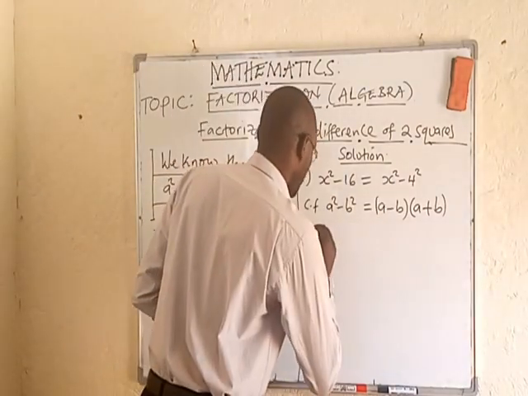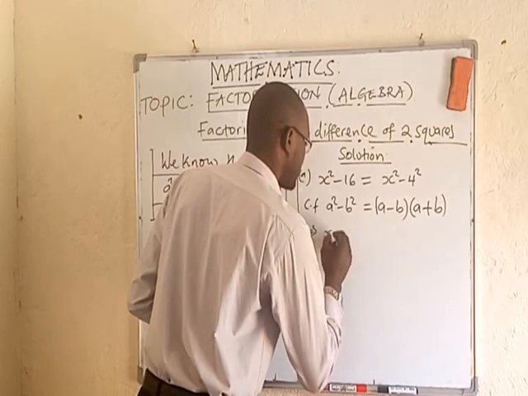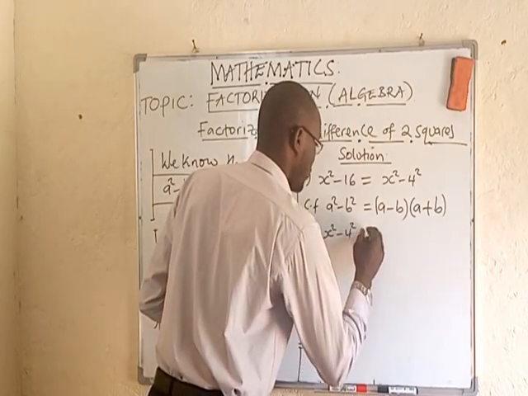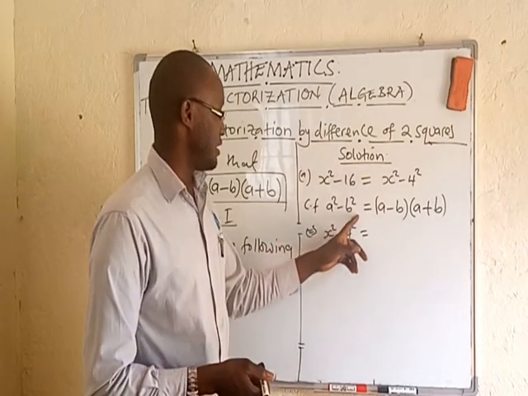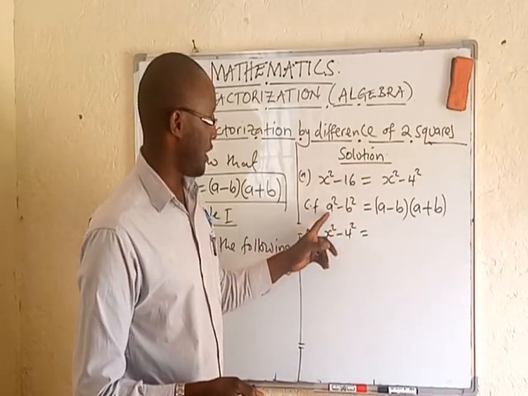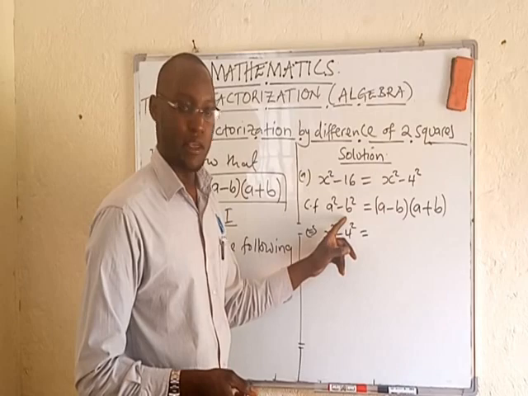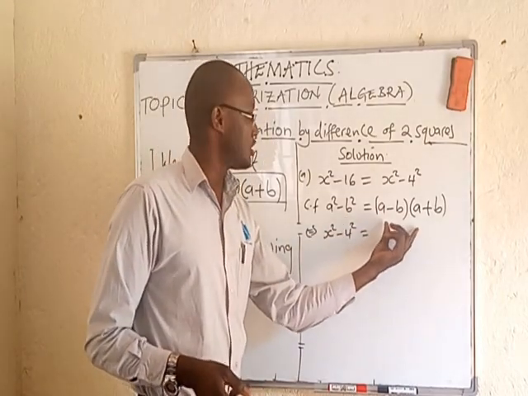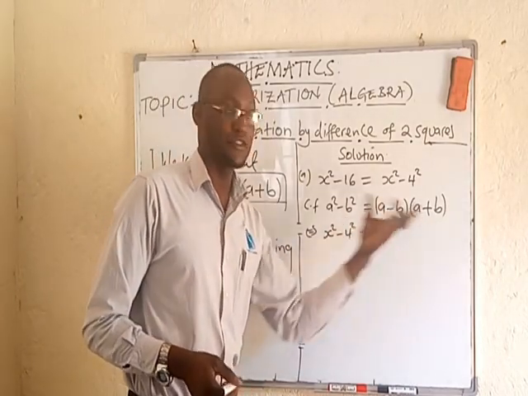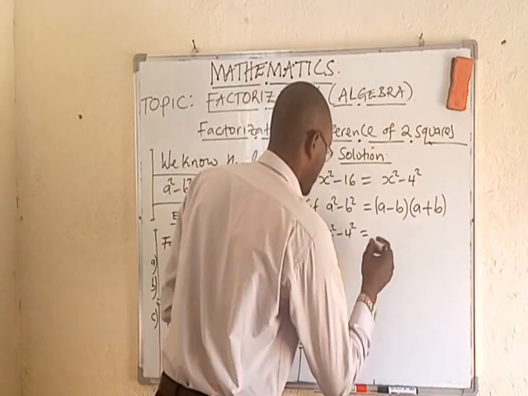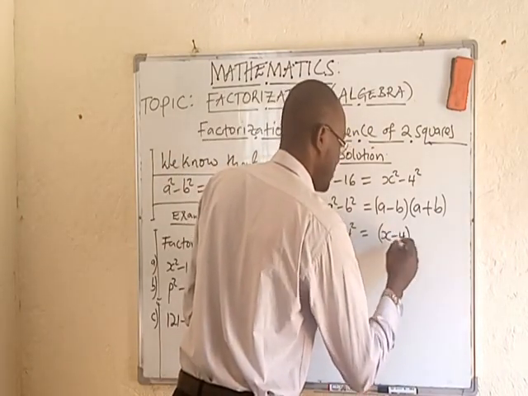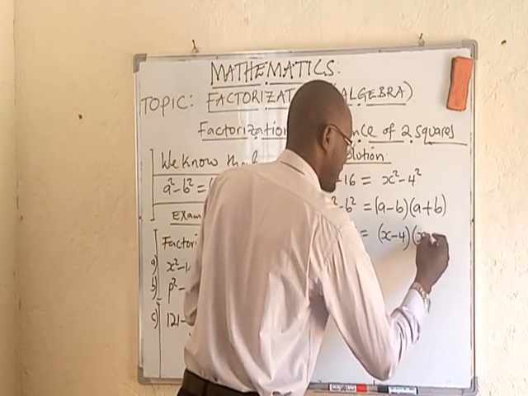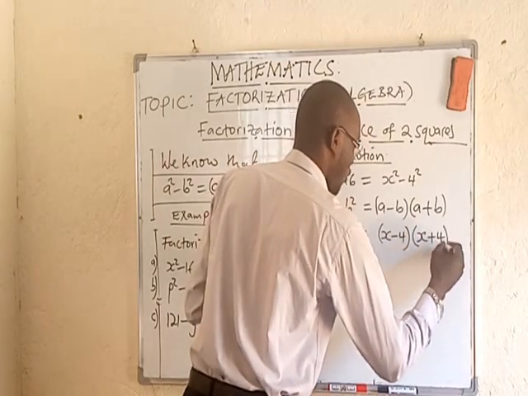Now, our x squared minus 4 squared is going to be taken in the form a and b. So x is going to become a, and 4 is going to become b. The formula to substitute in is here, the difference of two squares. So this simplifies as x minus 4 into x plus 4.